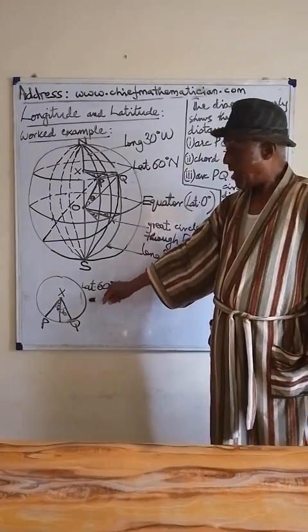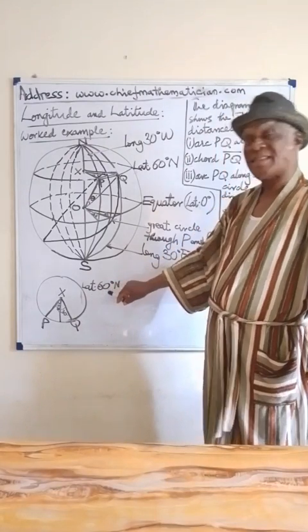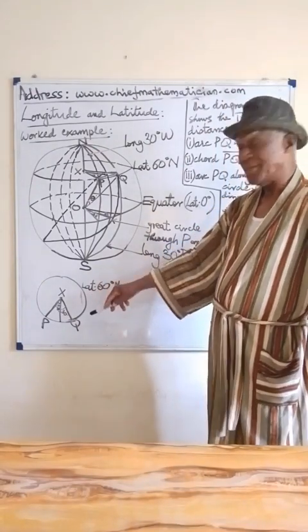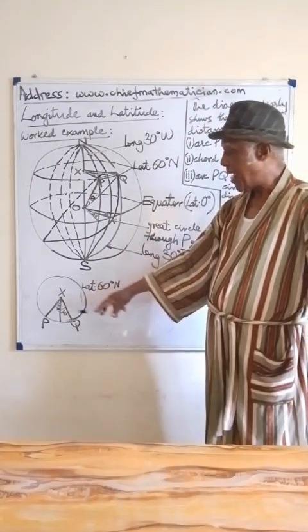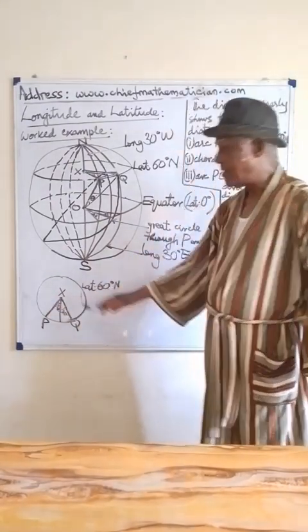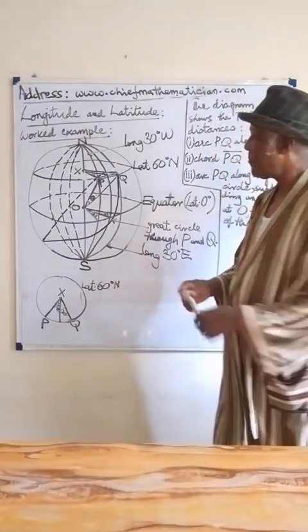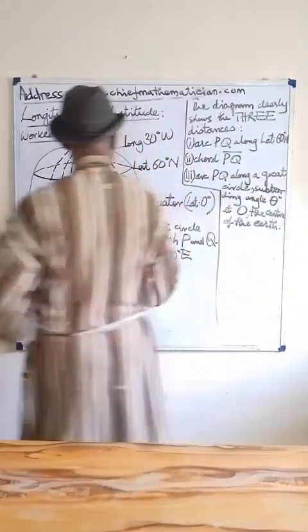Now, you can see how a simpler diagram of latitude 60 degrees north shows you clearly the positions of P and Q, west and east of the prime meridian. This is the prime meridian.